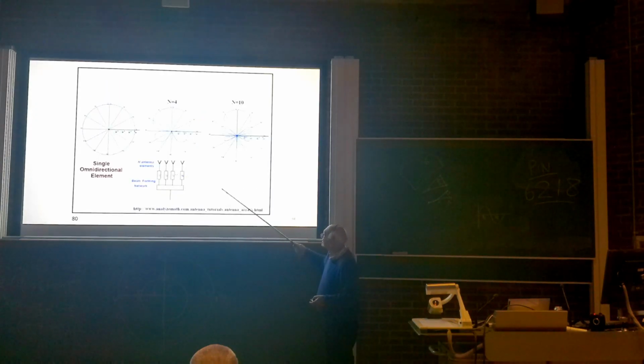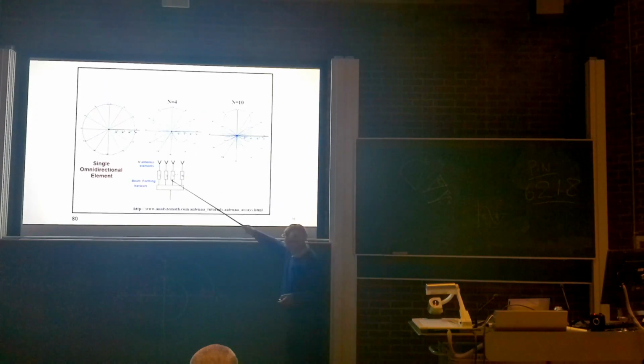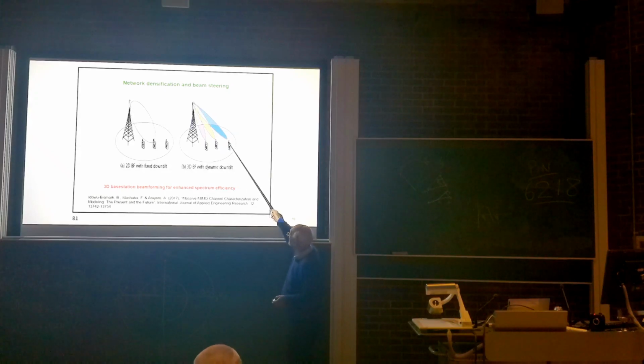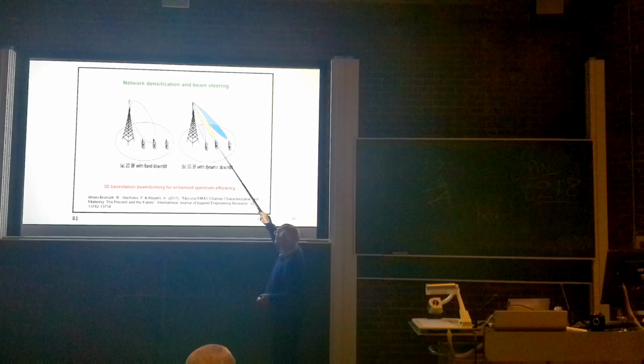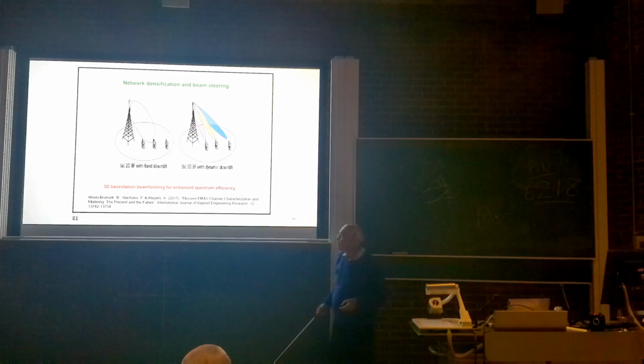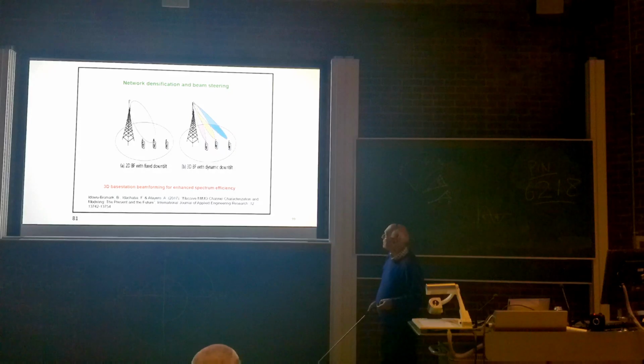And here is the kind of thing you have: various antennas, you don't have a single one, you have a beamforming network, and you have this kind of arrangement. You can actually switch the beam reactively to pick up or send to a particular sector of the mobile.